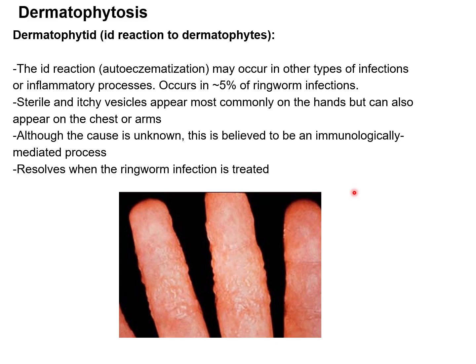We do not understand the underlying basis of the itch reaction, and it is thought to be immunologically mediated, but what exactly underlies this process is not very well known. Since the itch reaction is happening distal to the infection, due to the infection or the inflammation itself, these itchy vesicles will go away if you treat the ringworm infection.